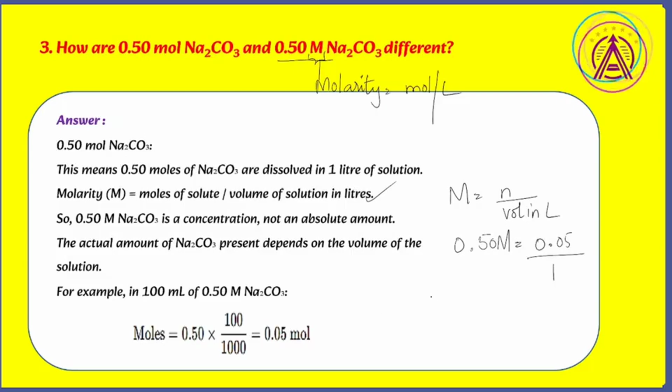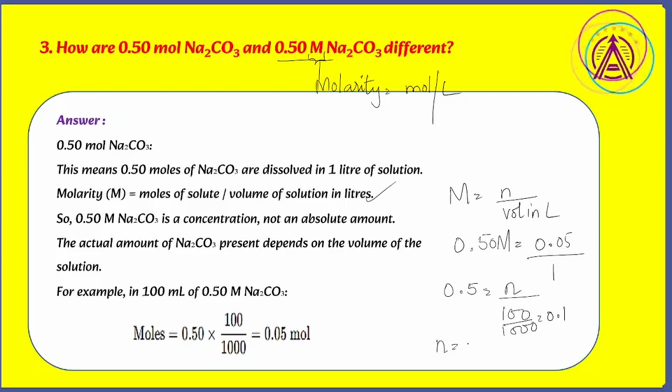But on the other hand, if my molarity is 0.5 and, suppose I take 100 ml of solution, okay, 100 ml is nothing but 100 divided by 1000, which is 0.1. So I get number of moles to be 0.5 into 0.1, which is 0.05. Okay, so you can see the calculation here.